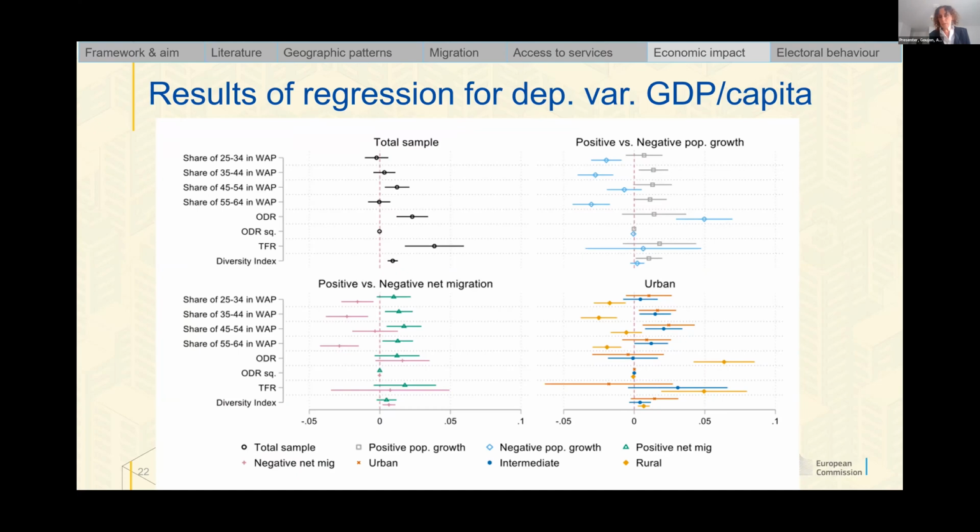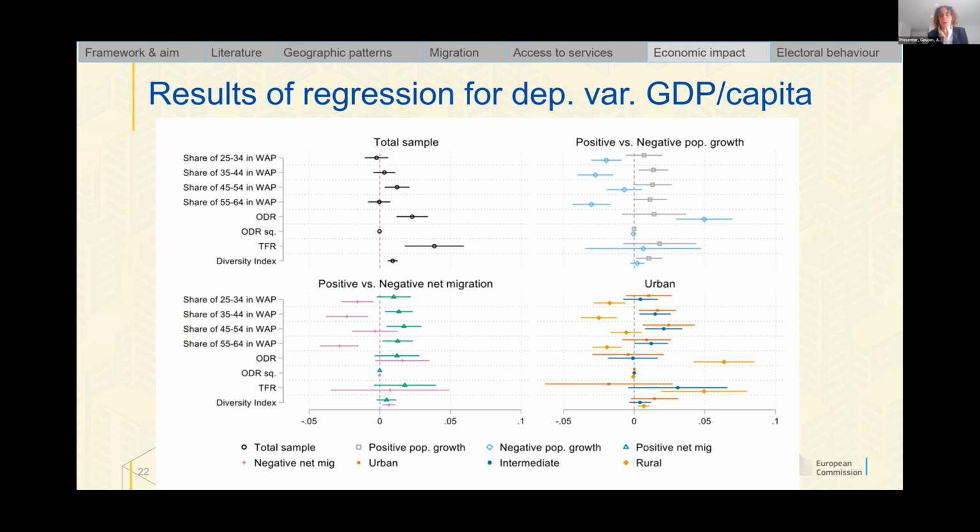So to be less descriptive, we performed the regression analysis looking at several indicators. And here I show the result for a dependent variable being the GDP per capita, and looking at different characteristics of this NUTS3 region in terms of share of the population in the working age population by different age groups and other characteristics.